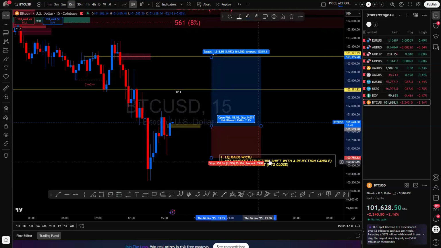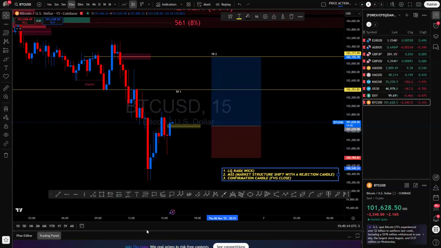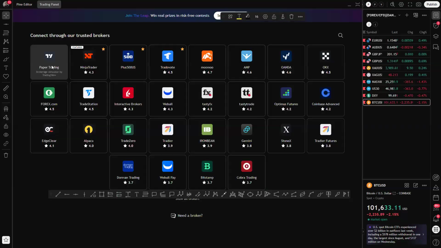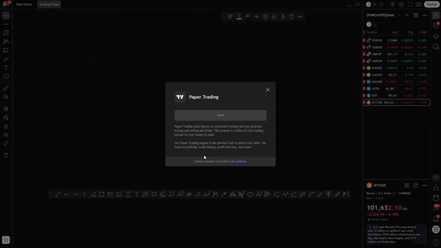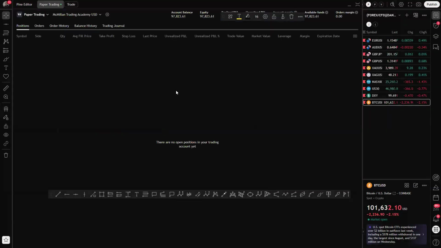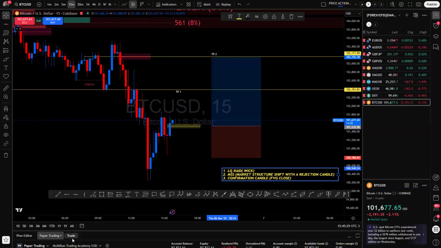Put my stop loss line here, and connect my paper trading account. That's the right account. So let me go ahead and put in a buy trade.